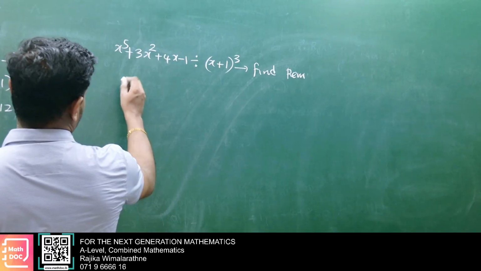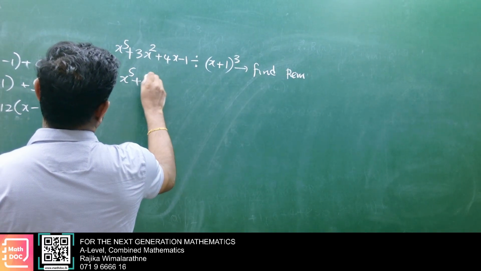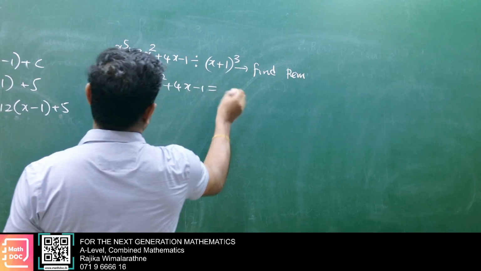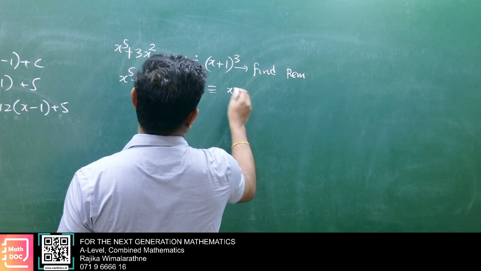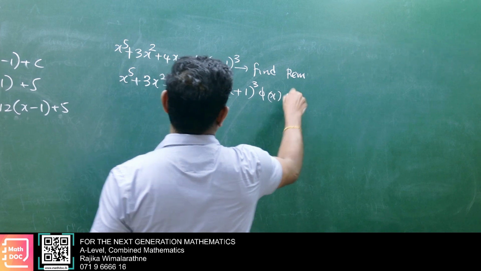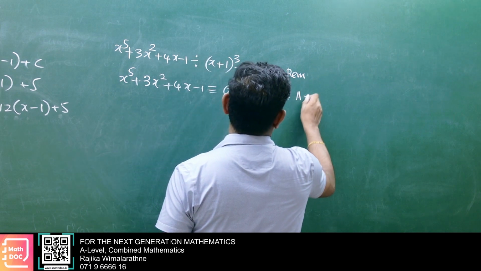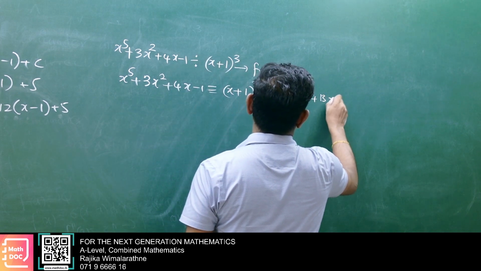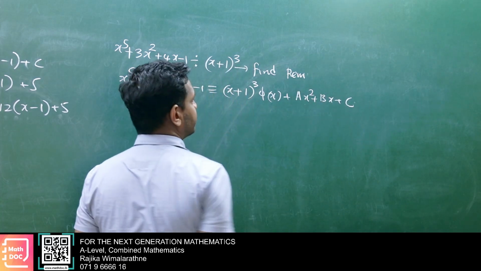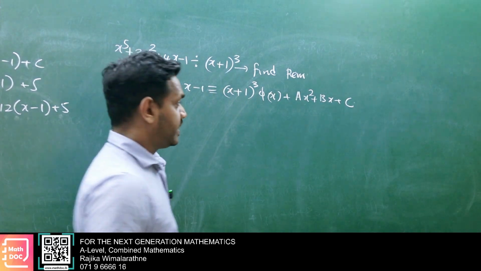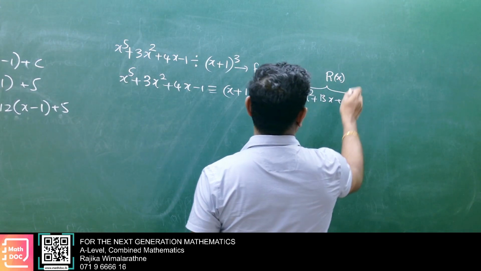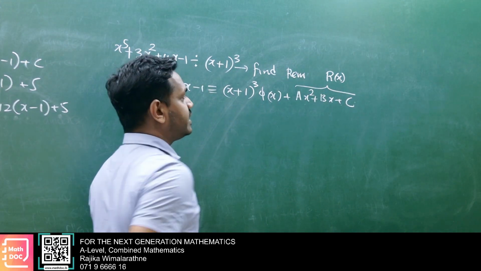First write the division algorithm. x to the power 5 plus 3x squared plus 4x minus 1 is identical to (x plus 1) cubed p(x) plus the remainder, ax squared plus bx plus c. Here let's write the general one, ax squared plus bx plus c. This is the remainder. So we know the customized version, but anyway, let's do it this way.